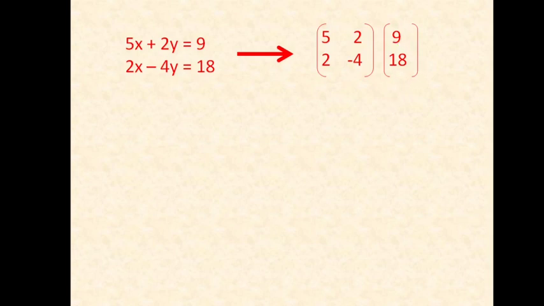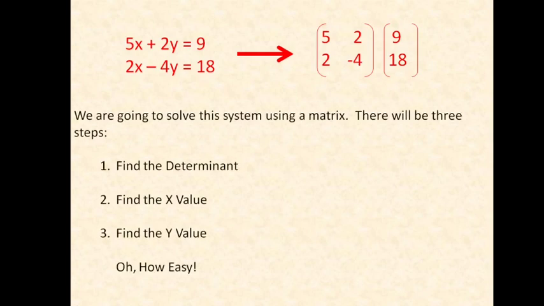After arranging coefficients in these two matrices, we need to follow three steps to find our final answer. The first step, find the determinant. Second, find the value of x, and at the end we will find the value of y. That is all about Cramer's rule.